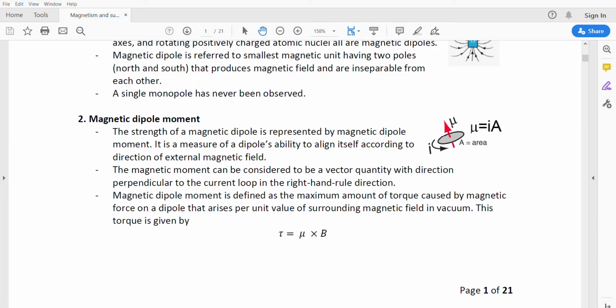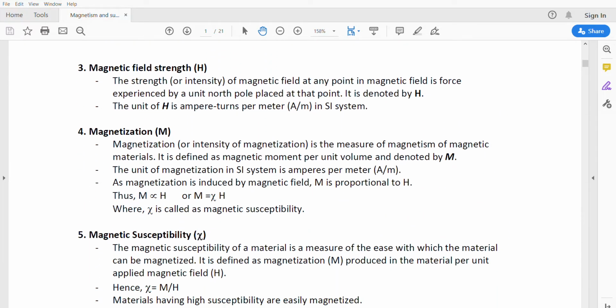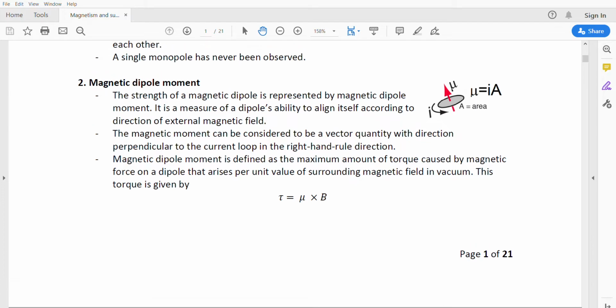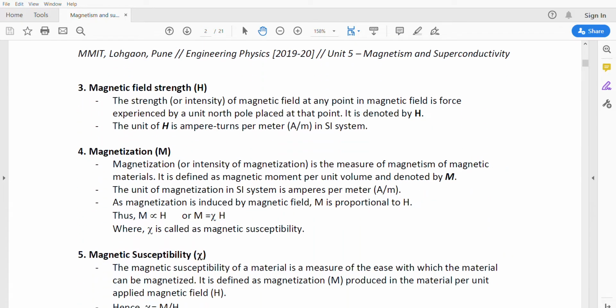We can say the external force is like a torque, the rotating force under the direction of the external field. That is a torque experienced by the small magnet under the external magnetic field, which can be written as tau is equal to mu into B. This mu is nothing but the magnetic moment, and B is the external magnetic field applied.